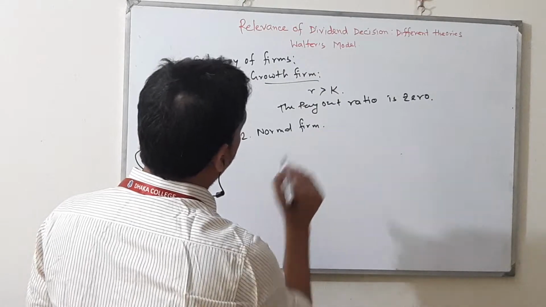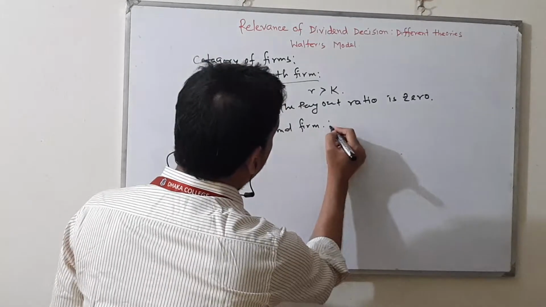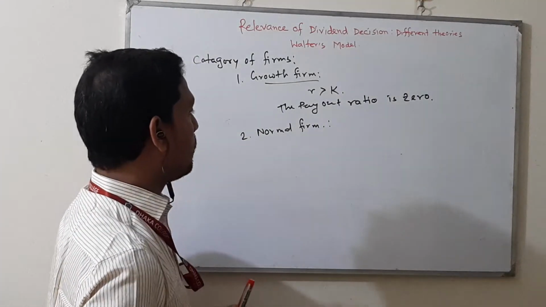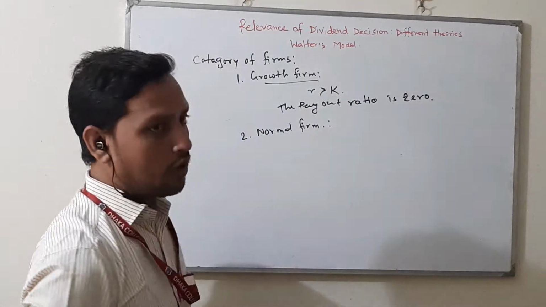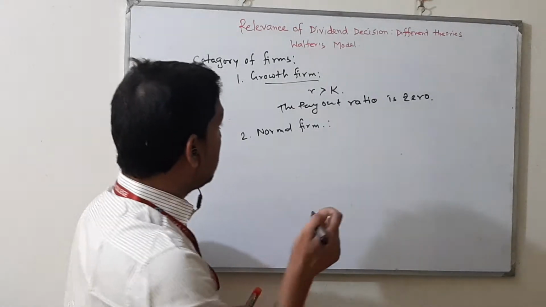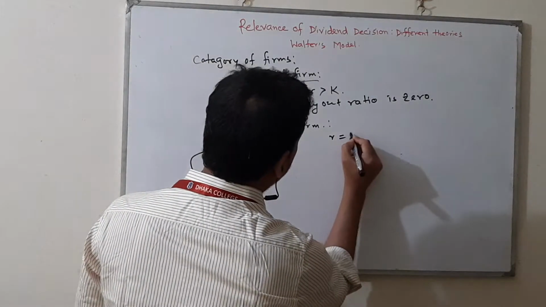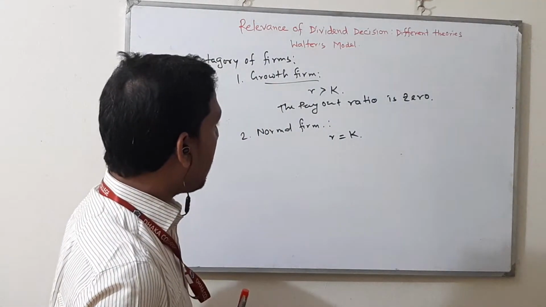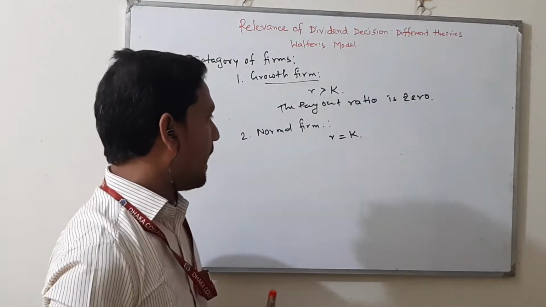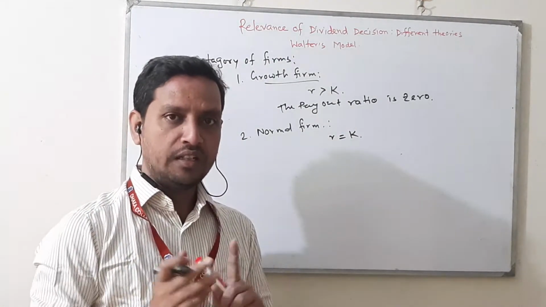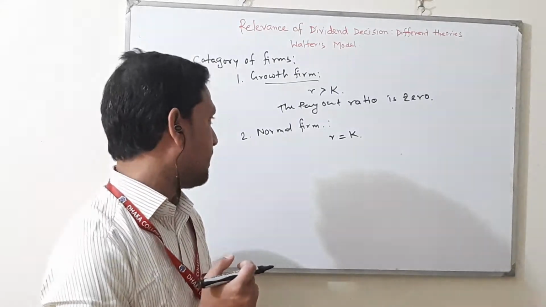Then two is normal firm. In a normal firm, R equals K. Internal rate of return equals cost of capital.